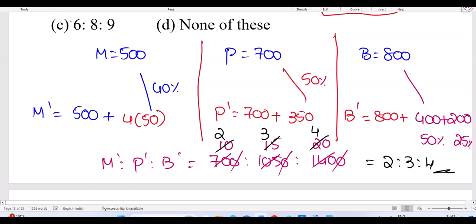Now somebody else may try 5,000, 7,000, 8,000. What will happen now? You will get one extra zero in the result: 7,000, 10,500, 14,000. That extra zero will cancel anyhow. If somebody did 50, 70, 80, then here you got 70, here 105, here 140.